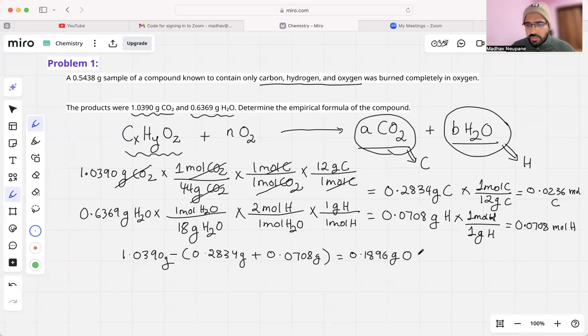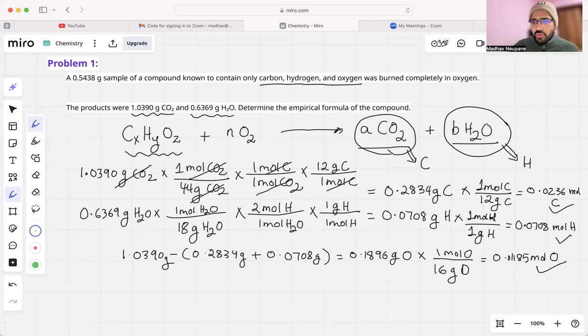And for oxygen, I'm going to do times 1 mole of oxygen. This is atoms, so that's going to be around 16 grams of oxygen, and that's going to give me around 0.01185 moles of oxygen. Okay, so now I have moles of carbon, moles of hydrogen, and moles of oxygen.